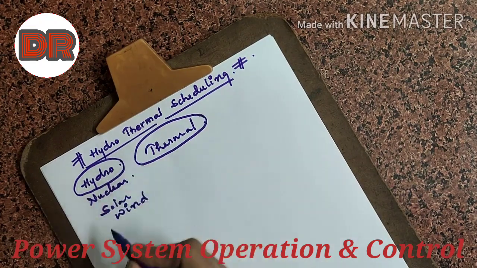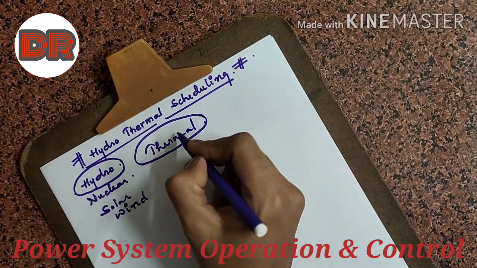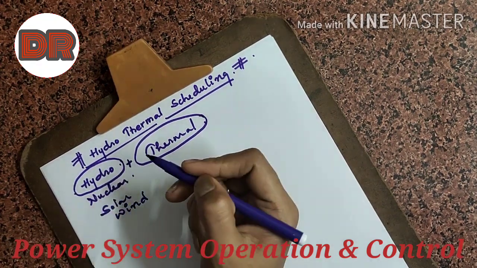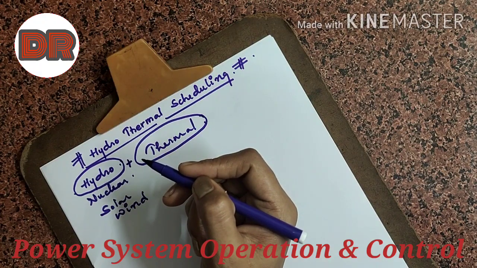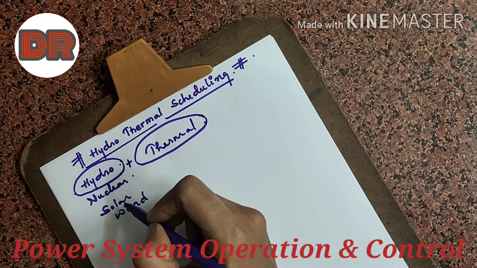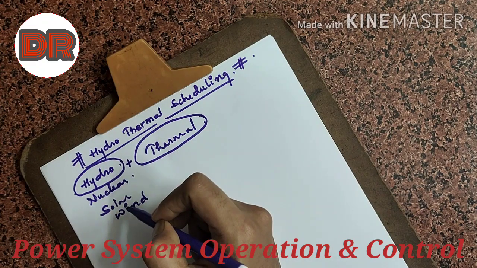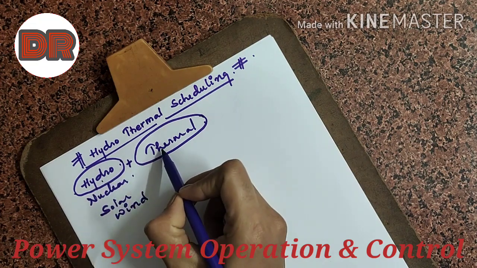But in a large power system, we have integration of hydro and thermal to meet the demand. So as the power demand increases, we have to integrate different types of sources or different types of power plants. Normally that will be done with hydro and thermal.